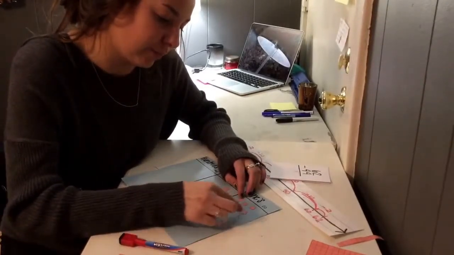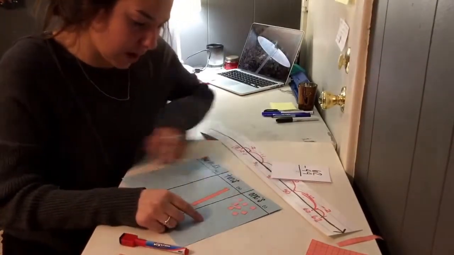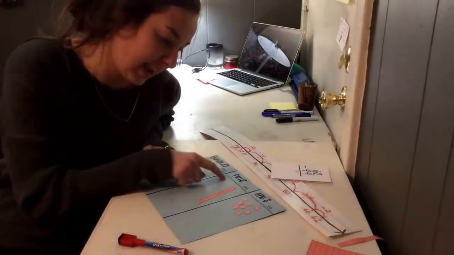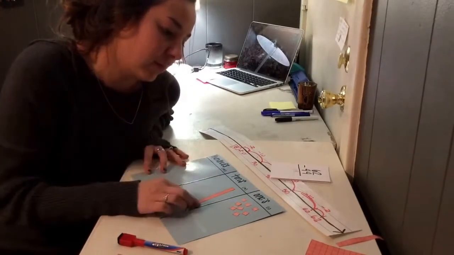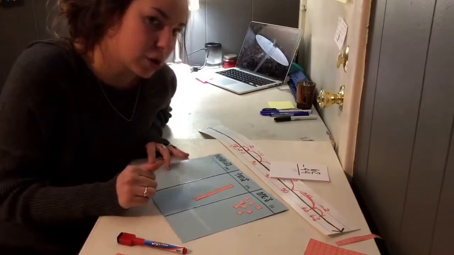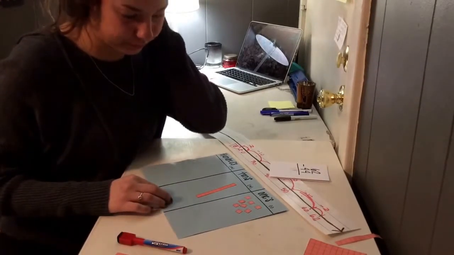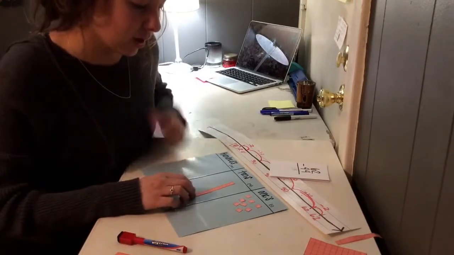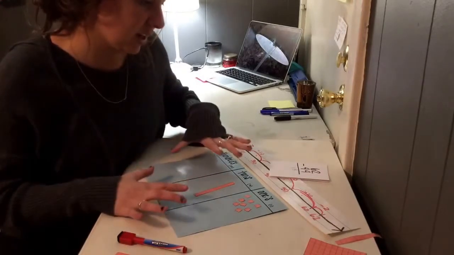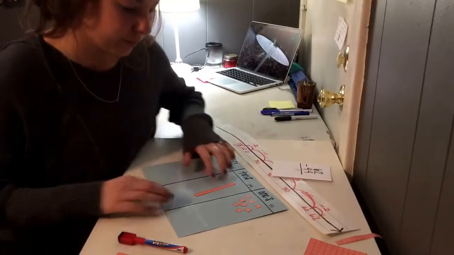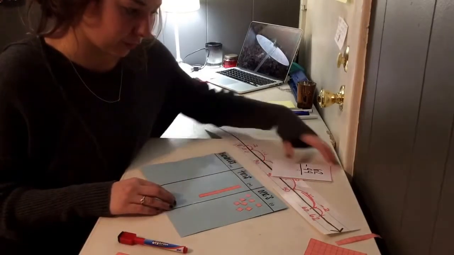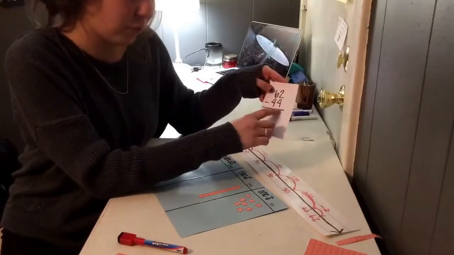Because if you have 18, right now we have 8 ones and 1 ten. So we have 18 and we want to add 44. So what we would do is add 4 tens and 4 units.